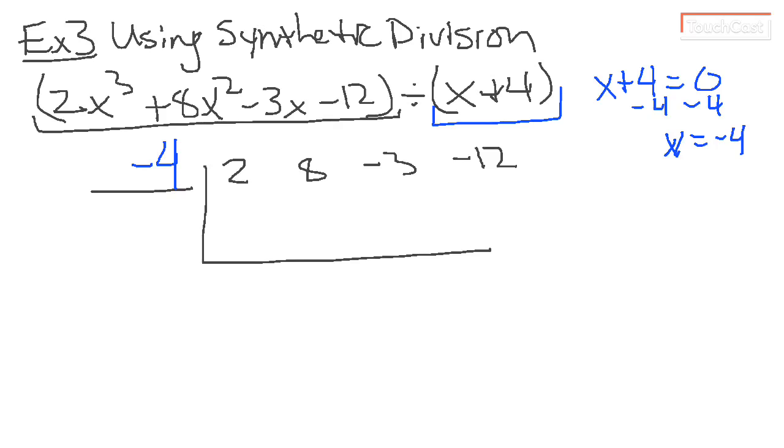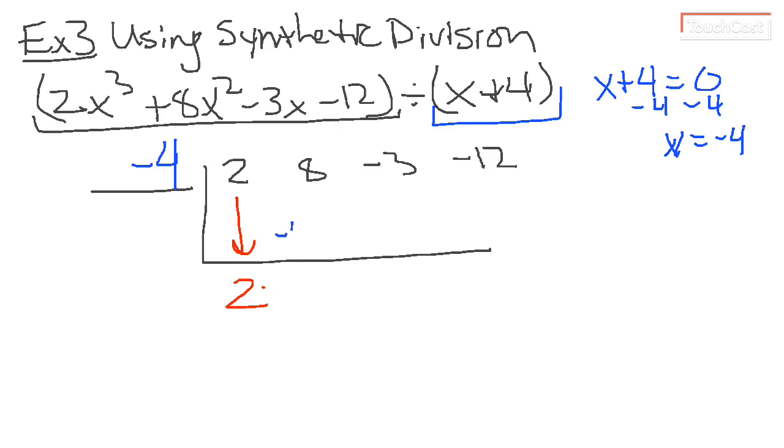Now this process is going to seem kind of weird, but it works out really nicely. We're going to bring down this first constant, and we're just going to write that there. It's going to be a 2. Then what we're going to do is take this blue negative 4 and the red 2.